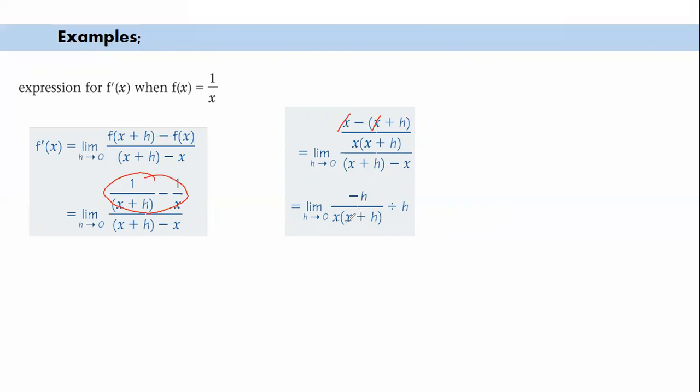Again we can take the common denominator, which gives us minus h over x times (x plus h), divided by h. So our expression then simplifies to minus 1 over (x squared plus xh) when the limit goes to 0.